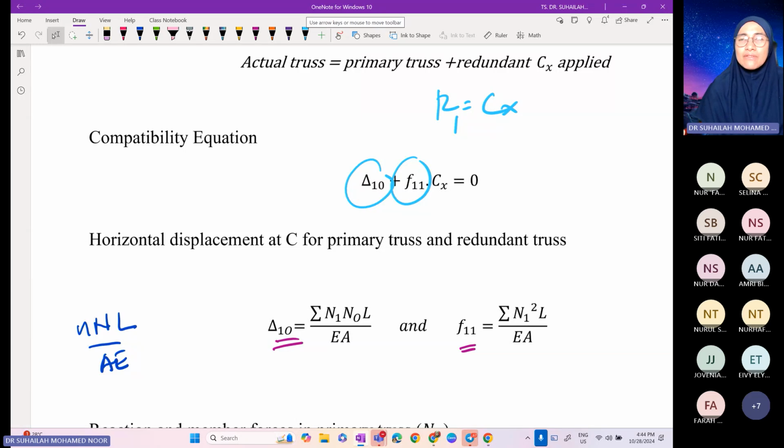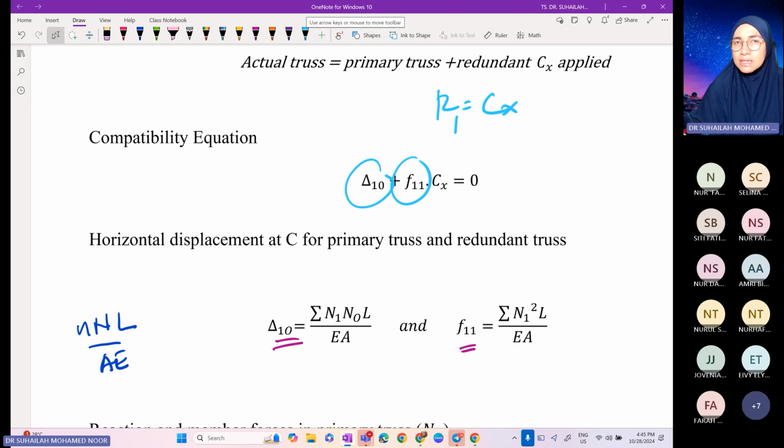Delta 1 node and F11, and in this formula there are N node and N1. Same as beam and frame, where the internal forces are reflected in the moment equation, M node and M1. But for the thrust system, we use N for internal forces.